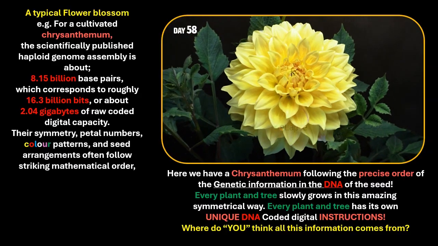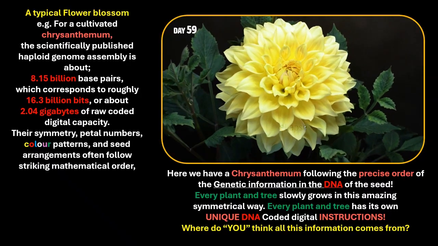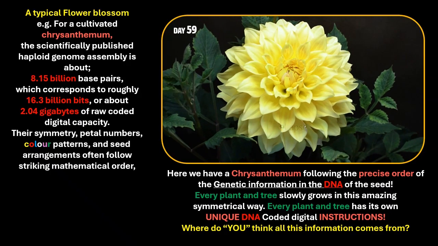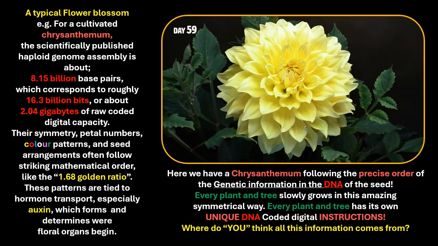Their symmetry, petal numbers, colour patterns and seed arrangements often follow a striking mathematical order, like the Fibonacci 1.68 golden ratio. And these patterns are tied to hormone transport, especially auxin, which forms and determines where floral organs begin.